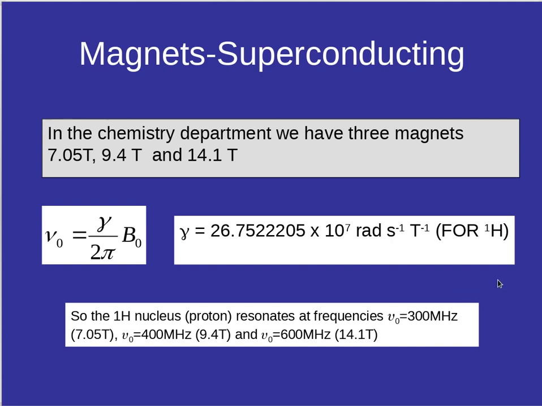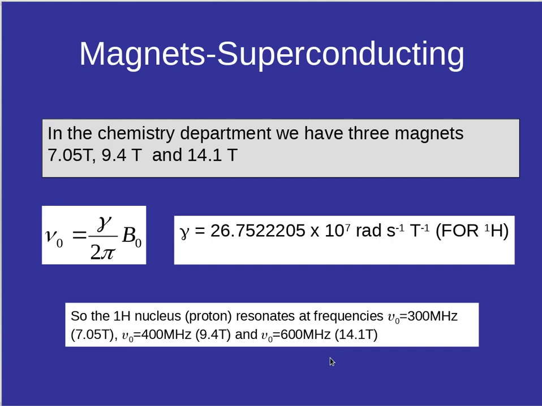Now, it's interesting that when it comes to NMR instruments, we don't normally describe magnets by their field strength in Tesla. We normally describe them by their proton Larmor frequency. And so sometimes we'll refer to these three magnets as the 300 megahertz instrument, the 400 megahertz instrument, and the 600 megahertz instrument.